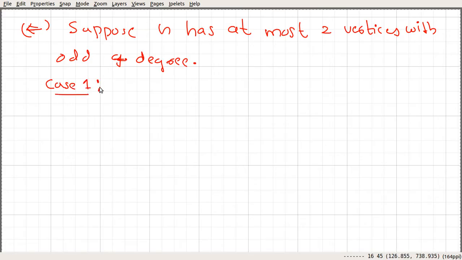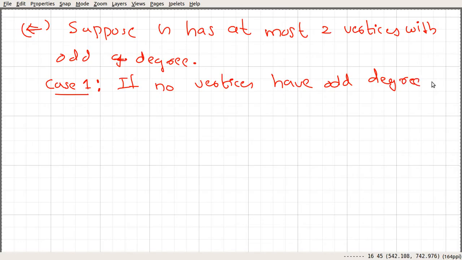Let's consider those 2 cases. Case 1: no vertices have odd degree.